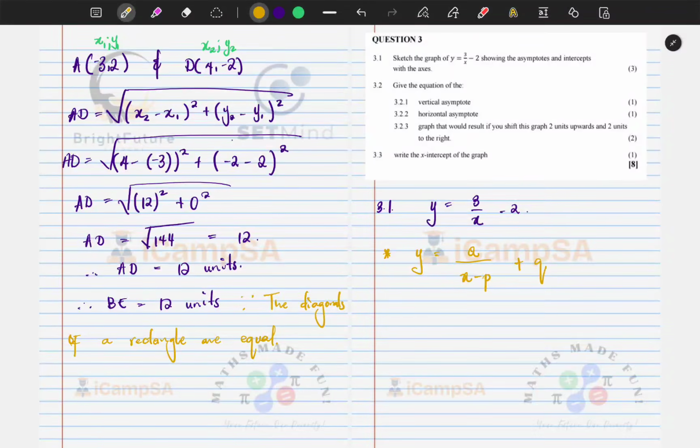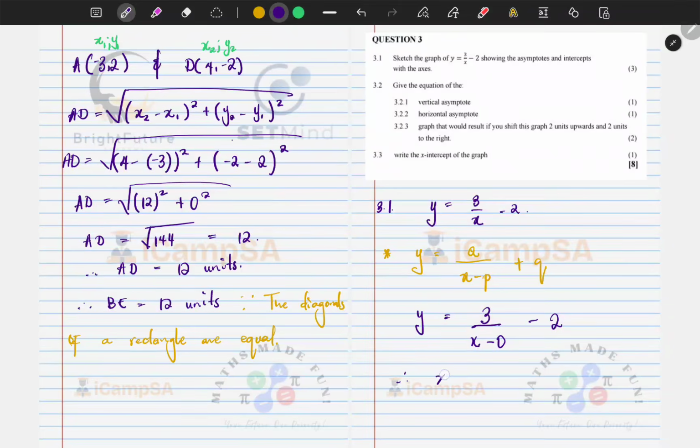So now in this case, we are going to try and write this equation in that form. So it's going to be y equals 3 over x minus 0, minus 2, right?